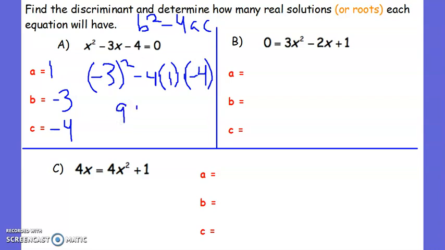Negative and negative is going to be plus 4 times 1 times 4 would be 16, and it comes out to a solid 25. So that's the value of the discriminant. Now, what does that tell us about the discriminant? Well, a positive number means we would have 2 real solutions.